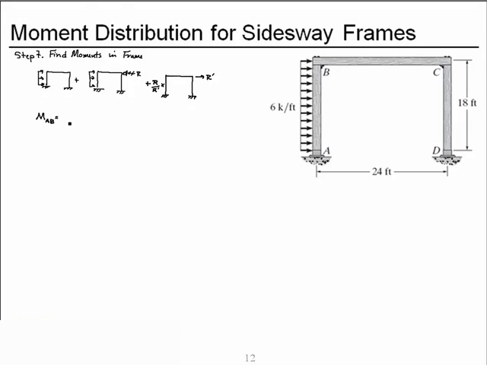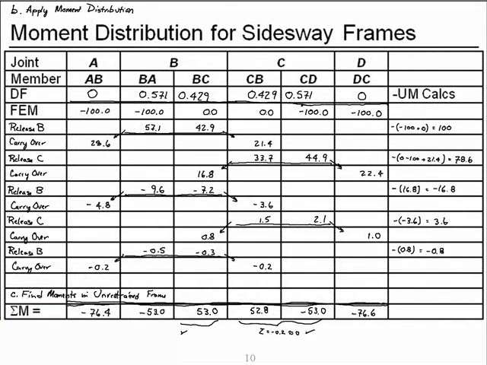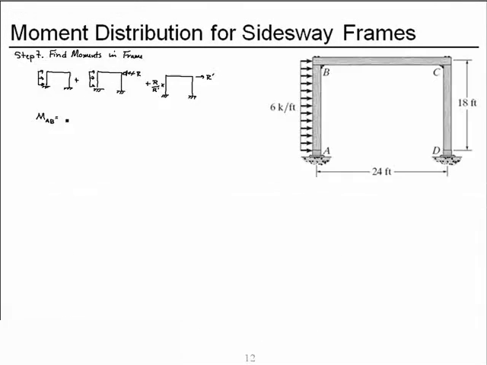For member AB at node A, in the restrained frame we had a moment of negative 210.5 foot kips, and in the unrestrained frame we had a moment of negative 76.4 foot kips. So we have the results from the restrained frame plus the results from the unrestrained frame.